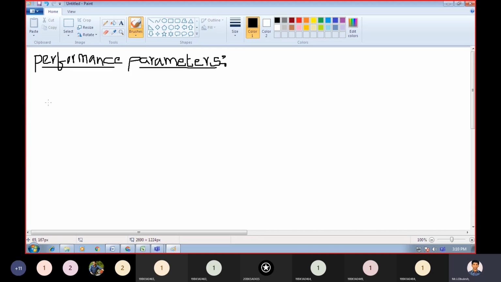So the first performance parameter is input regulation or line regulation. Next, the second one is load regulation.